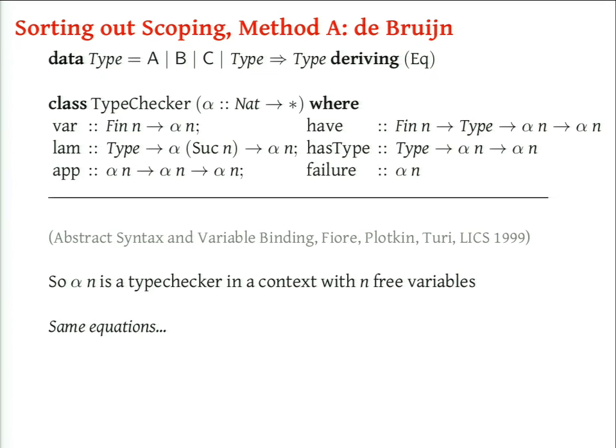And we make sure that we're only referring to variables which have already been declared. And when we go inside a lambda, we go up one level with the suck operation. This is based on the abstract syntax and variable binding by Fiore, Plotkin, and Turi from LICS 1999, where they talk about algebraic theories of the untyped lambda calculus. I have these operations, and all I'm doing here is adding extra operations that we can use to talk about type checking.